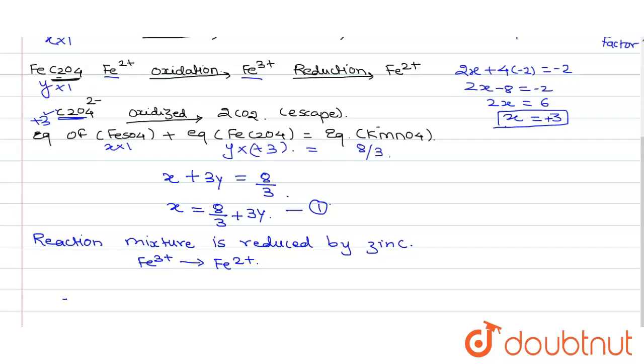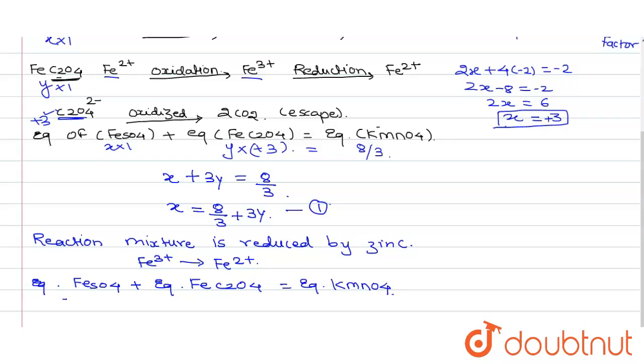So again, equivalent of FeSO4 plus equivalent of FeC2O4 will give rise to equivalent of KMnO4.